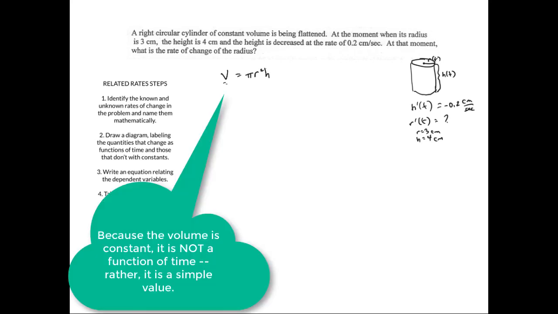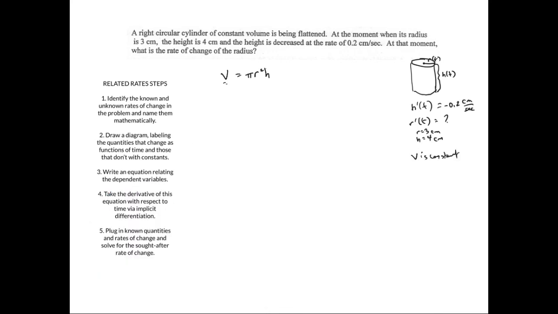So I'm going to go ahead and find what that number is. My volume is constant, and you're told that the radius is 3 and the height is 4 at some instant. So my volume is pi r squared h. Oops, that's supposed to be a 4, not an h. So this is 36 pi.